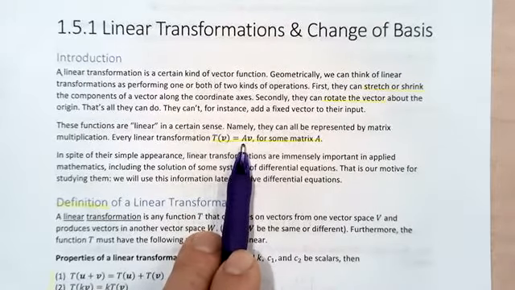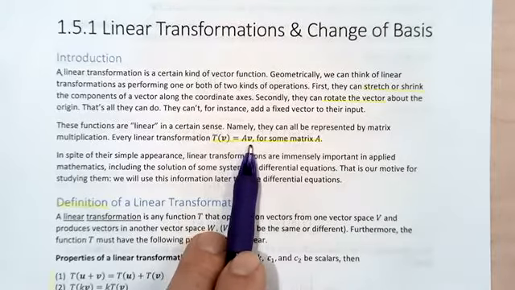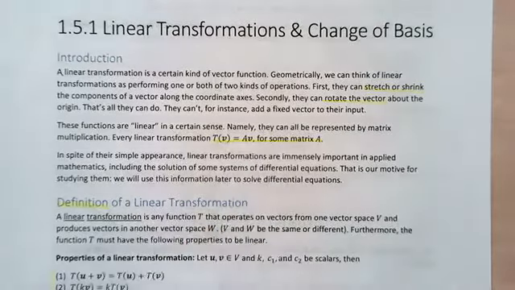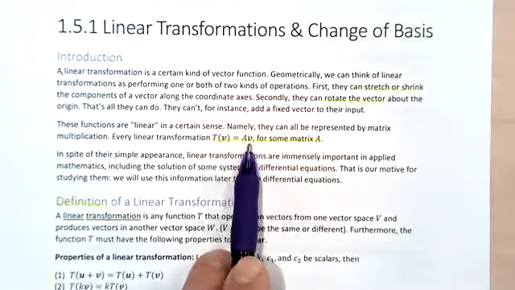So any linear transformation can be written as a matrix multiplication, and every matrix multiplication, left multiplication on a vector, is also an example of a linear transformation. So they're in one-to-one correspondence. Linear transformations are matrix multiplications, and matrix multiplications on a vector are linear transformations. So sometimes you'll see it written that way.